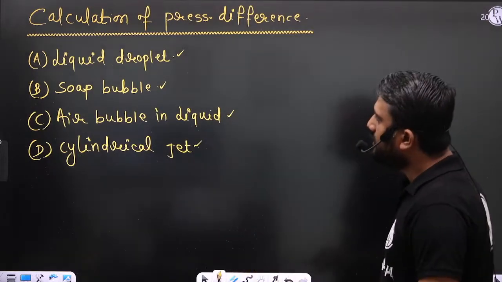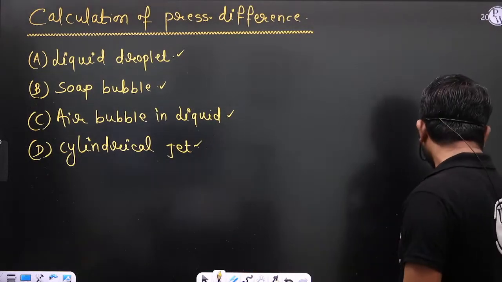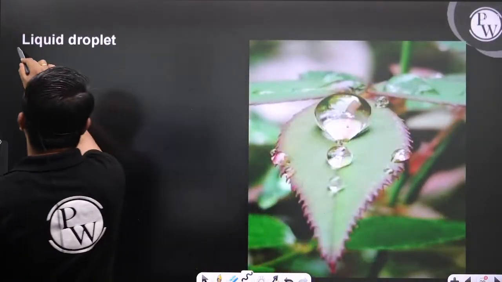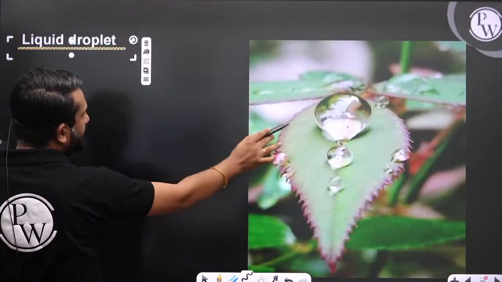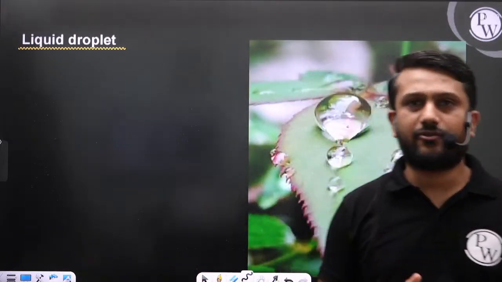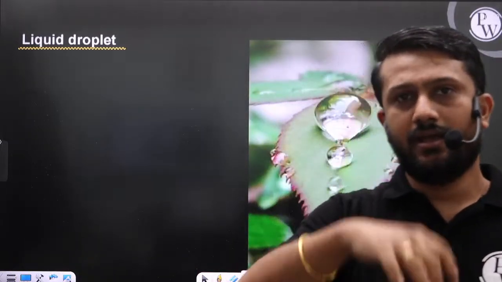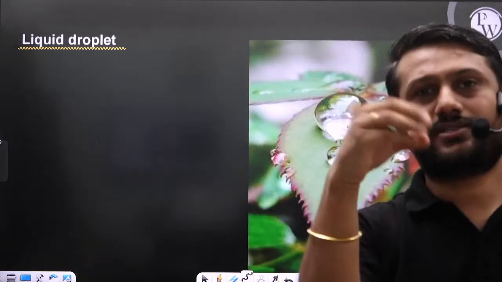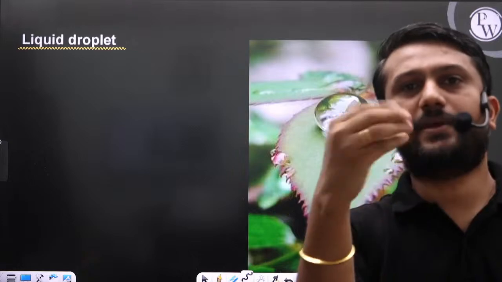So start with the liquid droplet. So beta, this is the liquid droplet. And I want to calculate the pressure difference across the interface. I want to calculate Pi minus P naught.